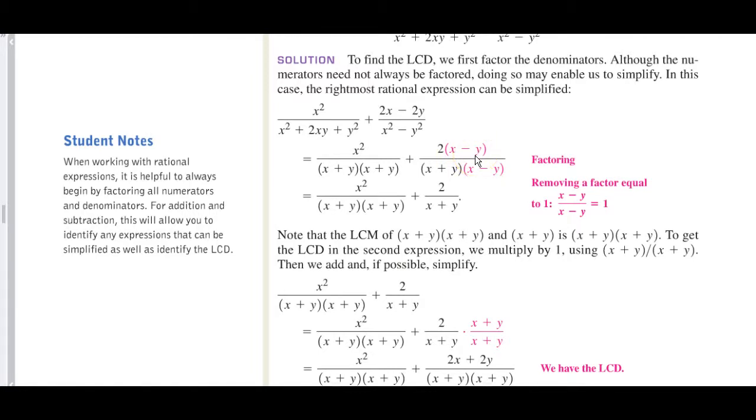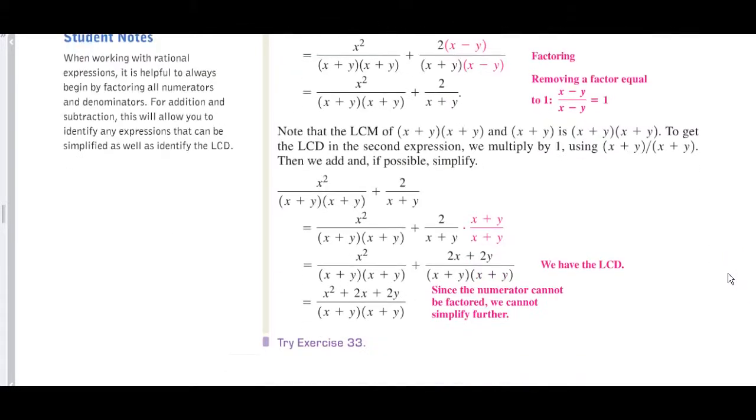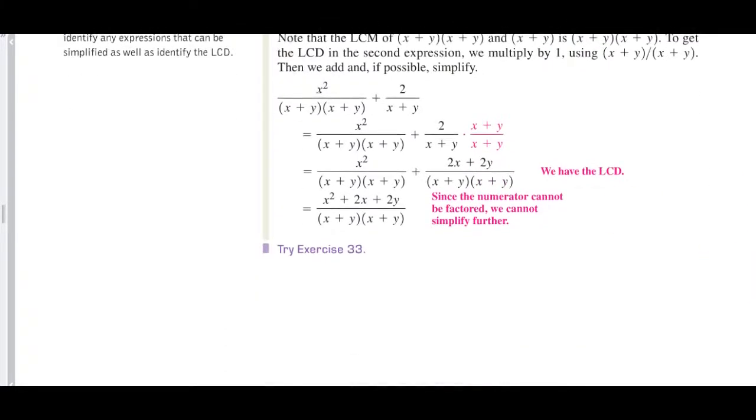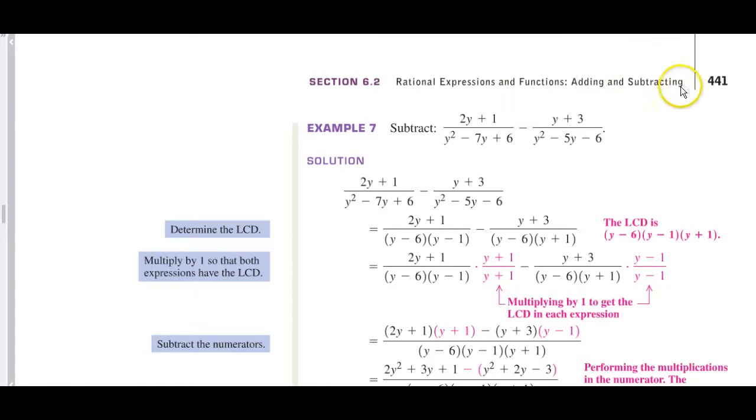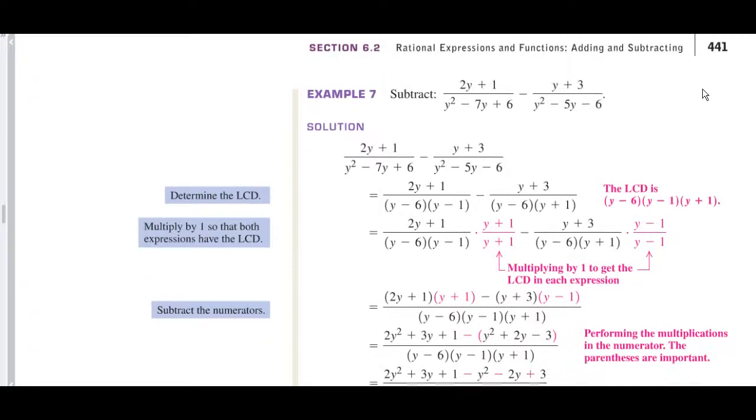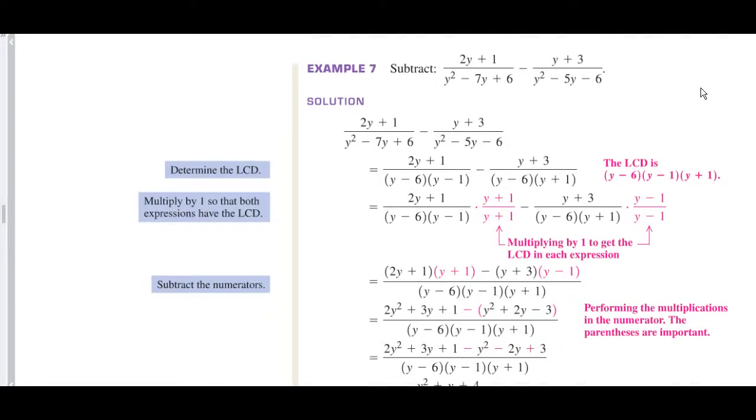So you did a little simplification before you went on, and that's a good idea, a good thing. Okay, now we're going to subtract. And each of these problems are a challenge because lots of things will be going on.